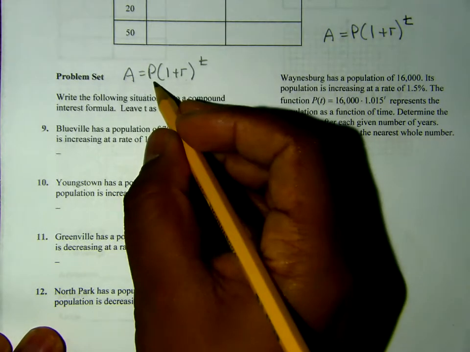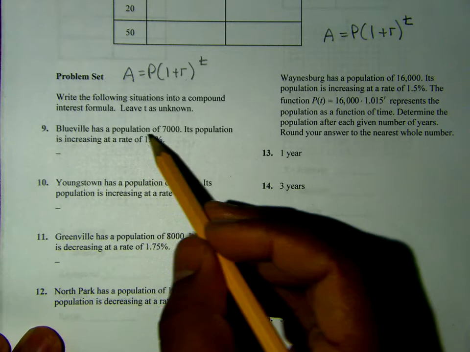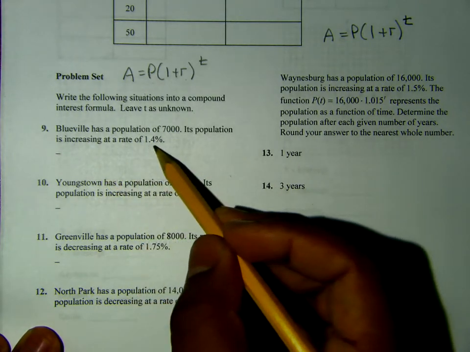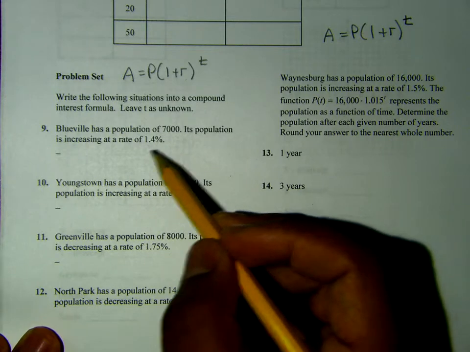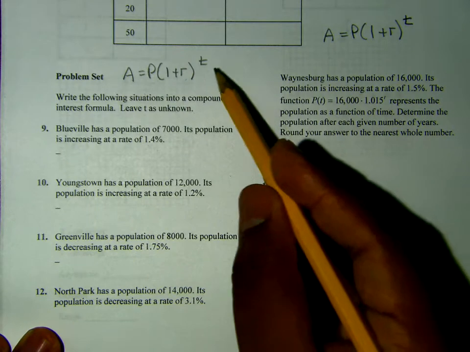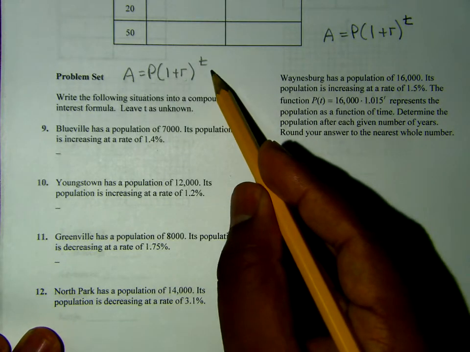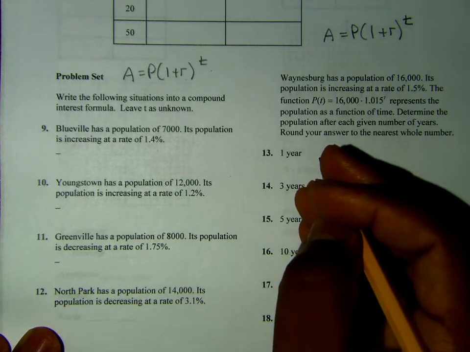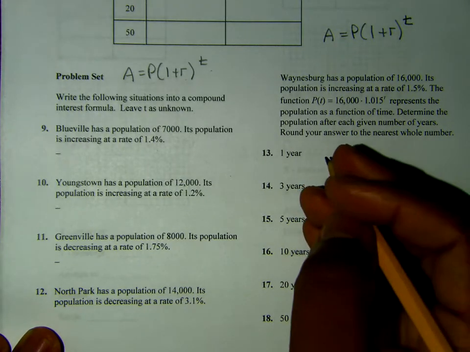On this first one, Blueville has a population of 7,000. Its population is increasing at a rate of 1.4%. So we have the rate, we have the principal. It's the time that's going to stay a variable, and we're going to change the way it looks by using just addition and subtraction.